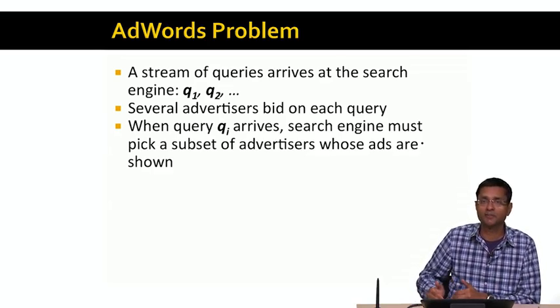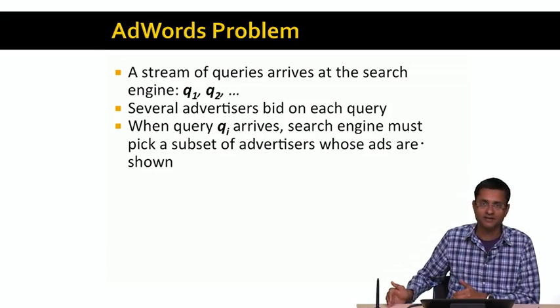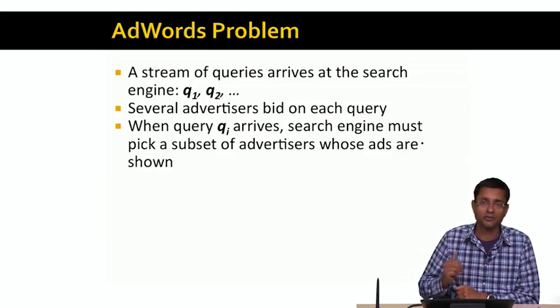Most search engines have a policy that they will show at most one ad or two ads or three ads for each search query. There may be tens or hundreds of bidders for each search query. So the search engine must decide which subset of advertisers it will pick and show their ads for that search query. And remember, this looks very similar to the model for bipartite graph matching, and it's no coincidence.